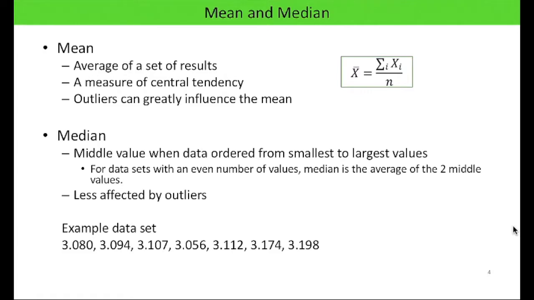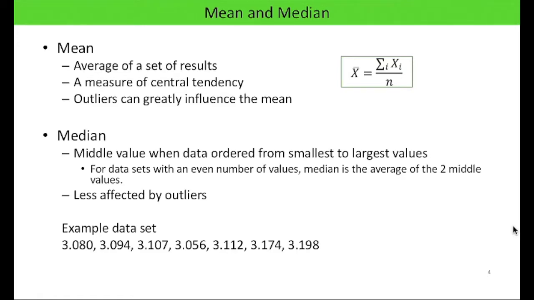For example, if we had 3 pennies, 2 pennies were very close in mass, about 3.5 grams, and another penny was much higher in mass, say around 4 grams, that would skew the average mass of a penny towards the 4 rather than keeping it closer to the 3.5, which might be what the actual average mass of a penny is. Maybe the one that's 4 grams has a lot of dirt on it or some other contamination that gives it that extra mass.